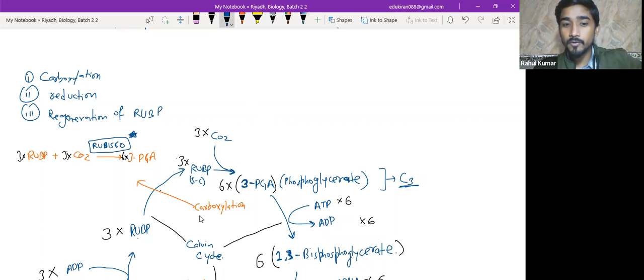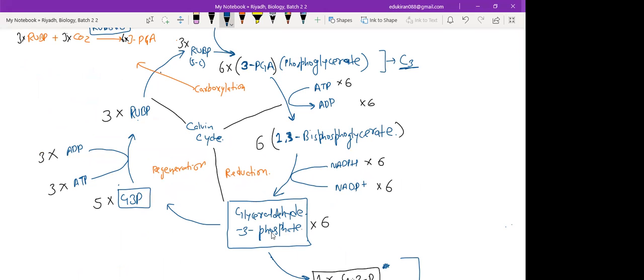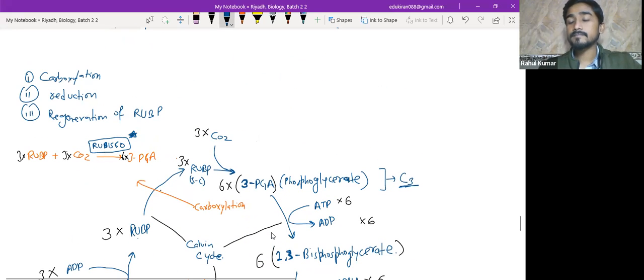Instead of doing carboxylation, it can start doing oxygenation of RuBP, and then the Calvin cycle will never start, and then glyceraldehyde 3-phosphate will never be made, and then these two molecules can never be joined to make glucose. So photosynthesis will not happen. Do you understand? Yes, sir. So that's why it's important that you tend to remove O2 from the system in an efficient way.